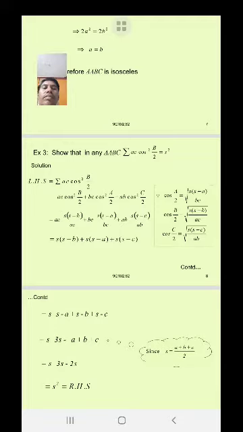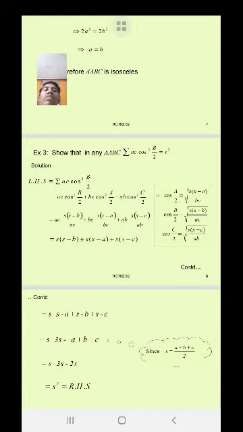Next question. Show that in any triangle ABC, sigma of AC into cos square B by 2 equals s square. Take LHS, that is sigma of AC into cos square B by 2, that equals AC into... here we are expanding, that means from short form to full form.